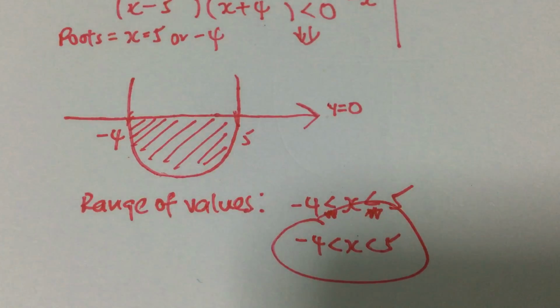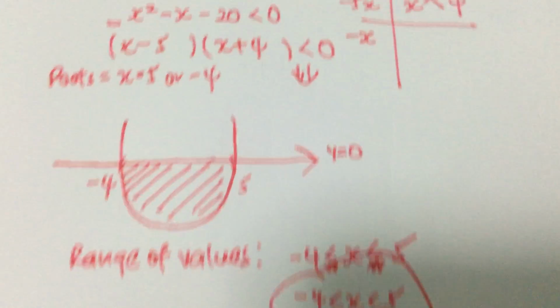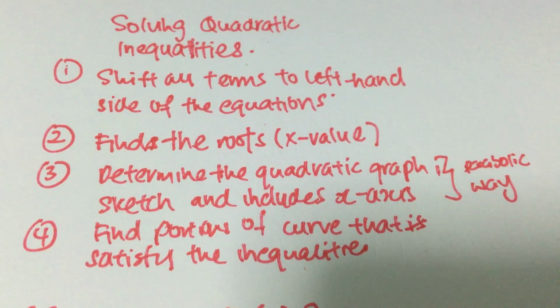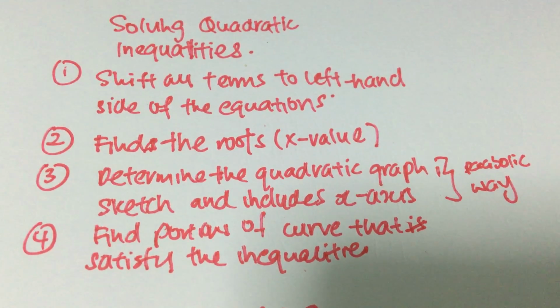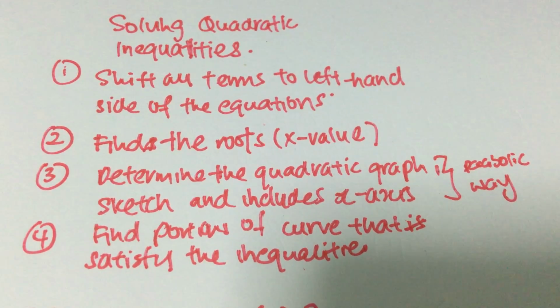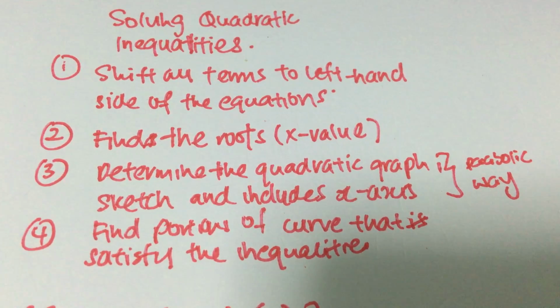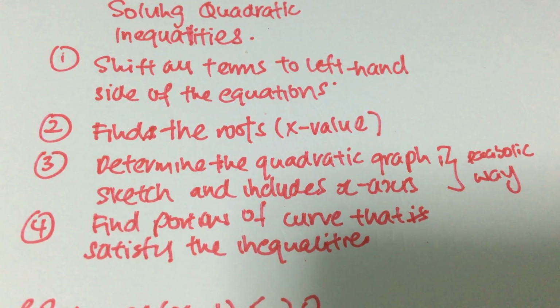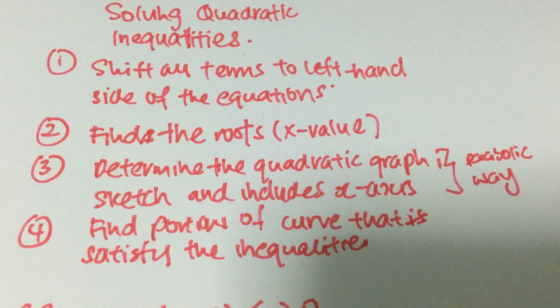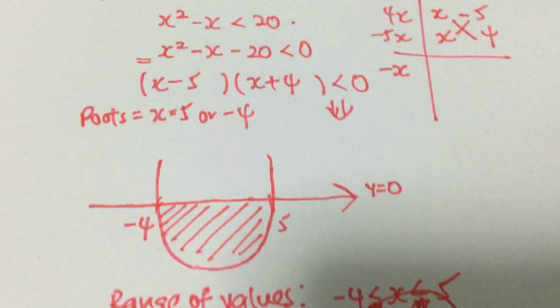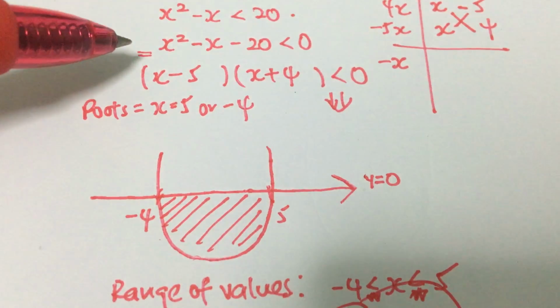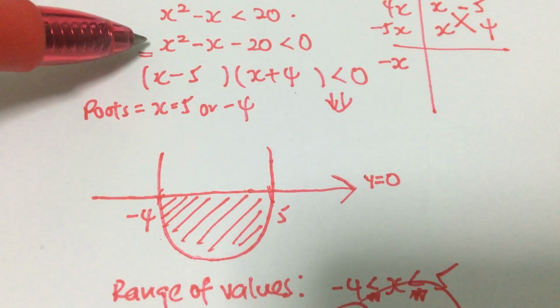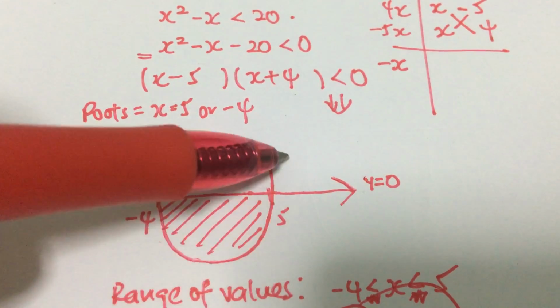So that's it. Solving quadratic inequalities using the parabolic method is as easy as that. You shift all terms to the left hand side, then find the roots, which are the x values of the quadratic equation, and after that determine the quadratic graph and sketch it. If the coefficient is negative, then it's a sad face, but if the coefficient is positive, then it's a smiling face.